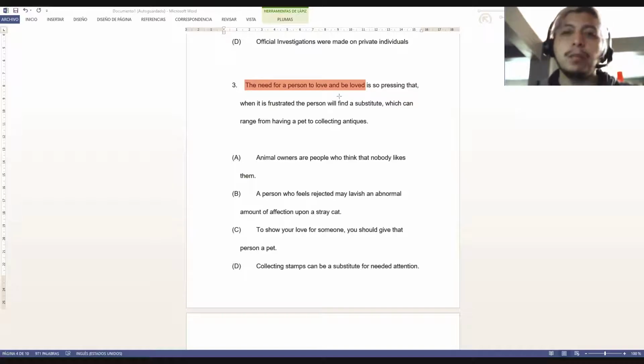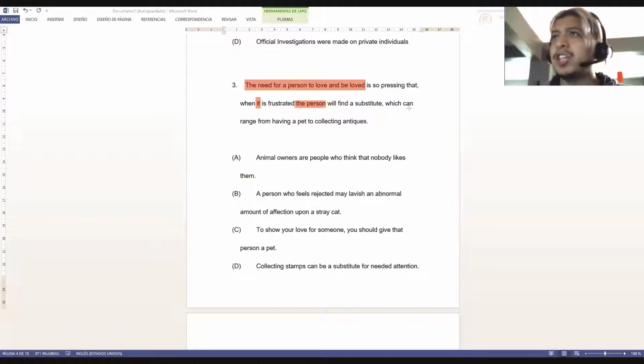The need that people feel to love and to feel loved. This thing is so pressing that, this is a connector, when it is frustrated, who is frustrated? It, the need for a person. When it is frustrated, the person will find a substitute, yeah?